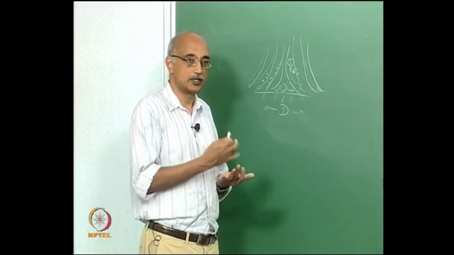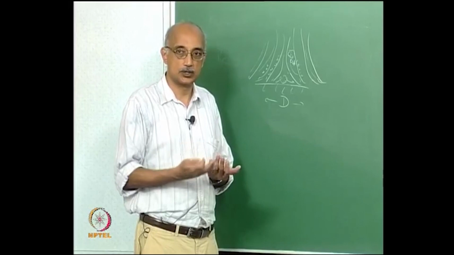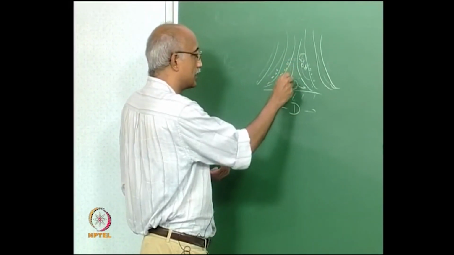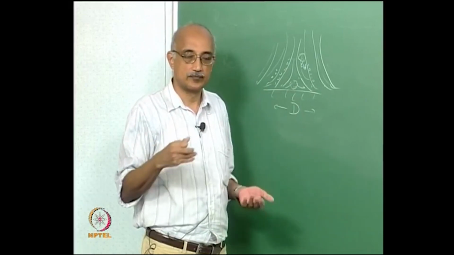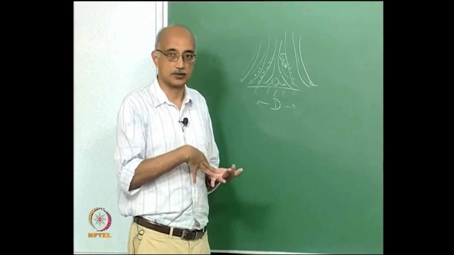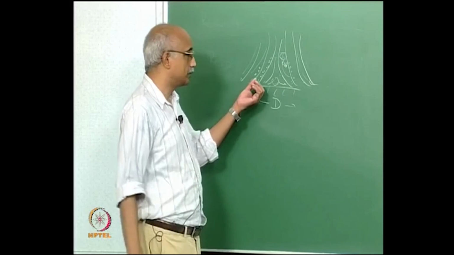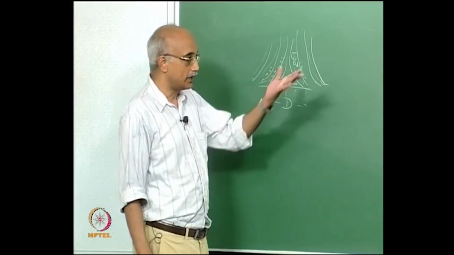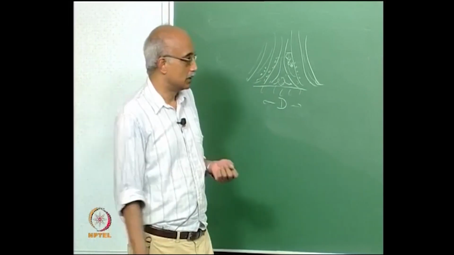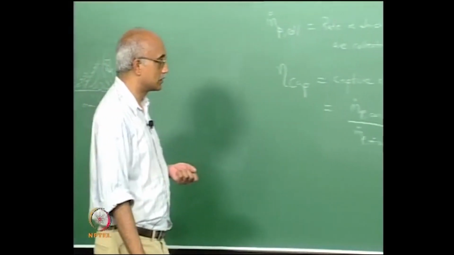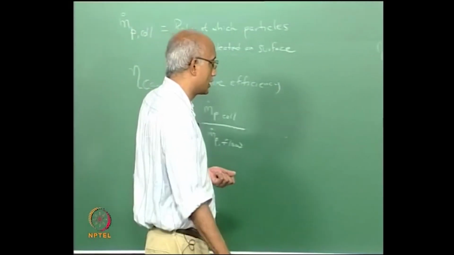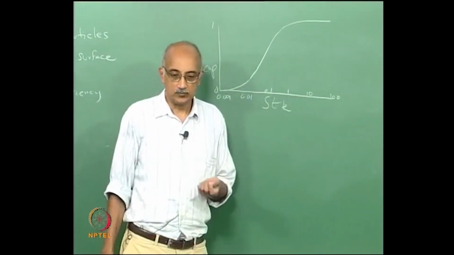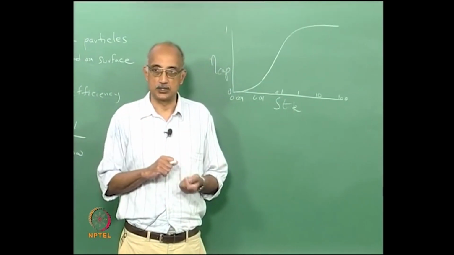So the probability of them getting captured on the surface is low. When the Stokes numbers are high, many of these particles are detaching themselves from the flow streamlines and directly approaching the surface, and therefore the probability that they will stick to the surface is high. That is why we see this effect of Stokes number on capture efficiency, where as the Stokes number increases to 0.1 and beyond, there is a sharp spike in the capture efficiency.